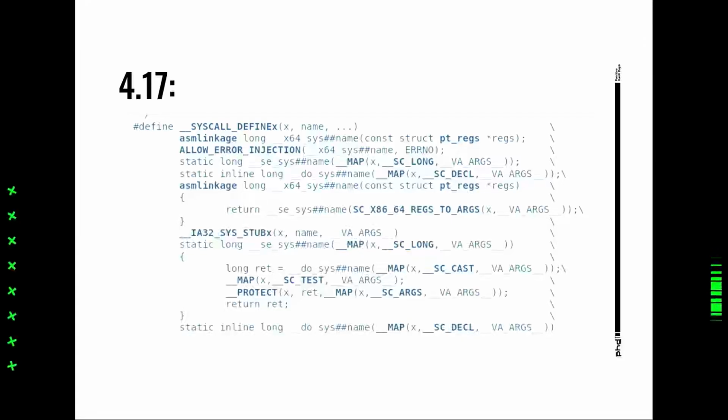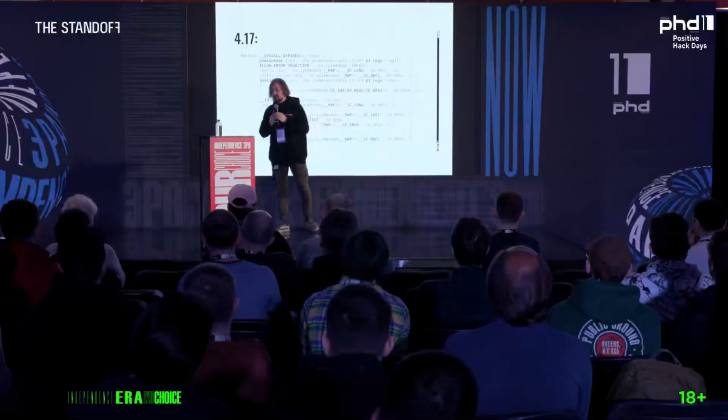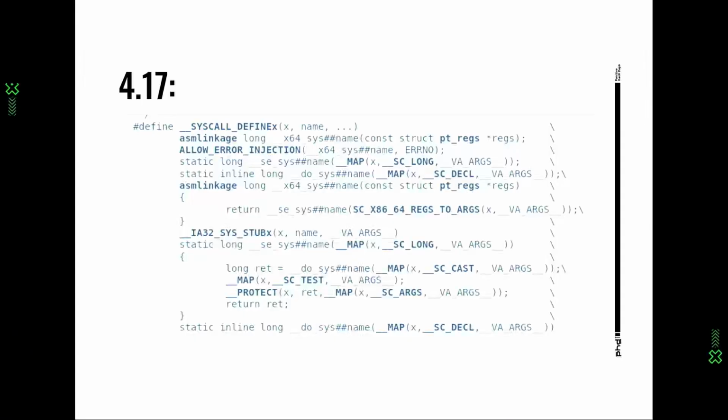Okay, and this is the kernel for 4.17. I'm showing these macros. The previous one is not very informative, and here only one line is informative. Here it is. In the latest versions of the kernel, any syscall doesn't have the arguments, unlike it used to be done in the past.